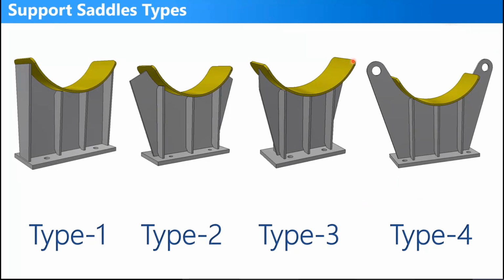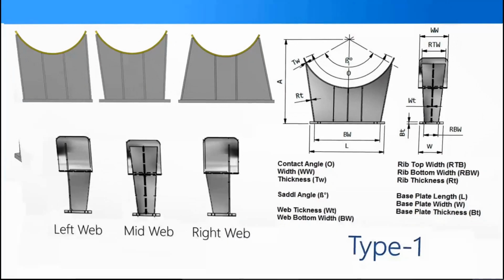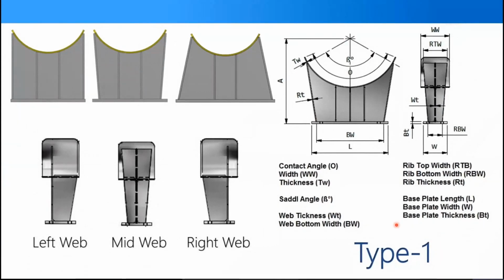Okay, that's the first type of saddle, and you can see that on this saddle you have the ability to control the width of this web, and you can make it with straight sides. So the straight side is an option, so this edge will be perpendicular with the bottom. And if you would like to control the bottom width of the web, you can do that.